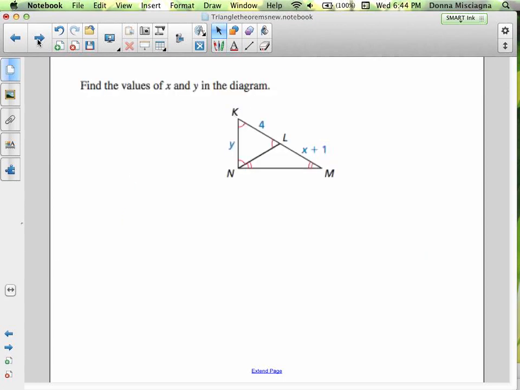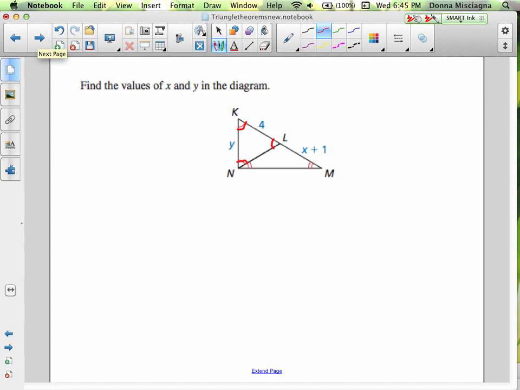We're going to find the values of x and y in the diagram. So we've been working just with angles. Let's work with some sides. Hopefully, the first thing you look at is which variable is easier to solve for.